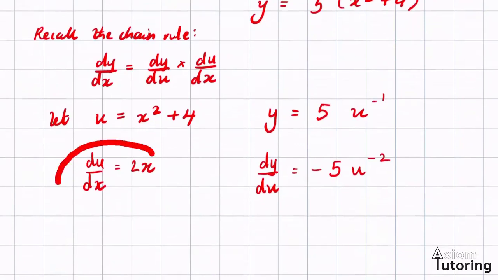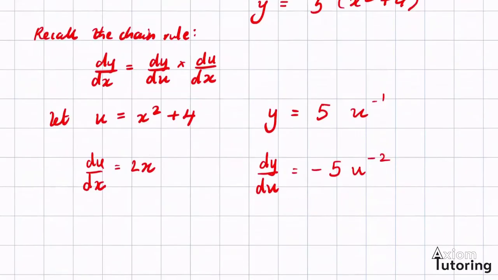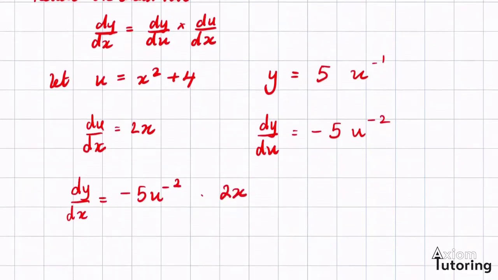And so we can substitute these back in to our formula for the chain rule to get dy over dx equals dy over du, which is minus 5 u to the power of minus 2, times du over dx, which is just 2x. But of course, we want dy over dx all in terms of x, but we have x here, and then we have it in terms of u here.